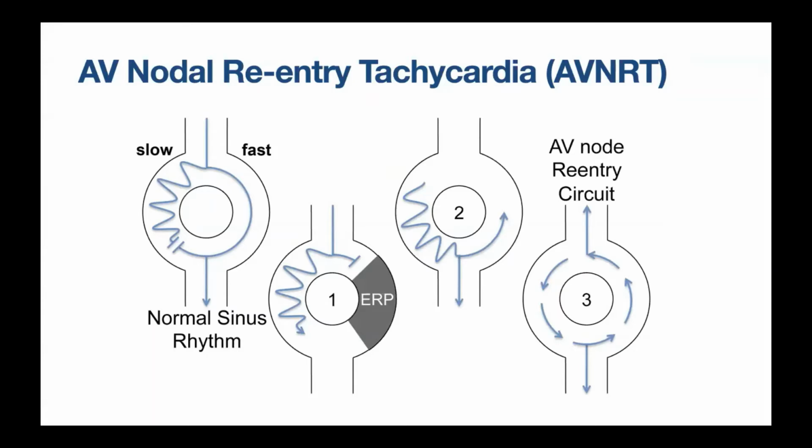And by the time it comes here, the refractory period of the fast pathway has already terminated, so it goes back through the fast pathway and reactivates the atrium, and then goes back again as a circuit in the AV node, a microcircuit tachycardia.